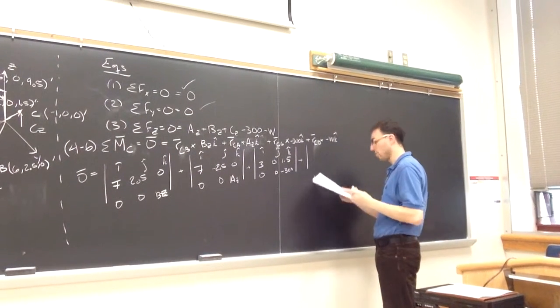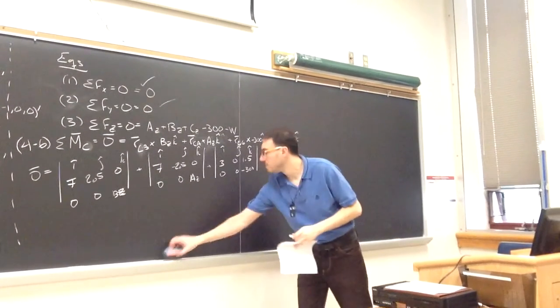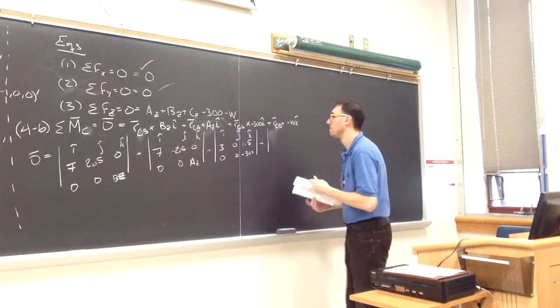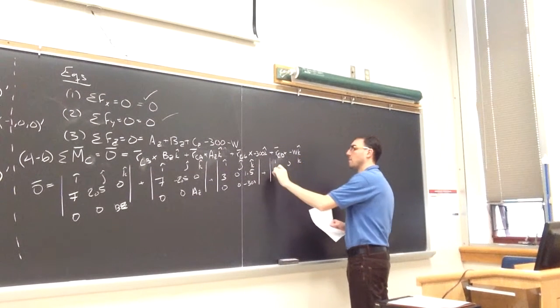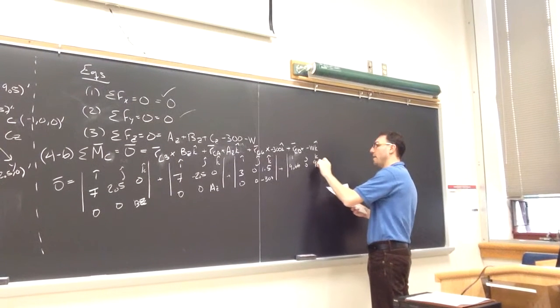And RCD cross negative W, I get 9.66, zero and 9.5.